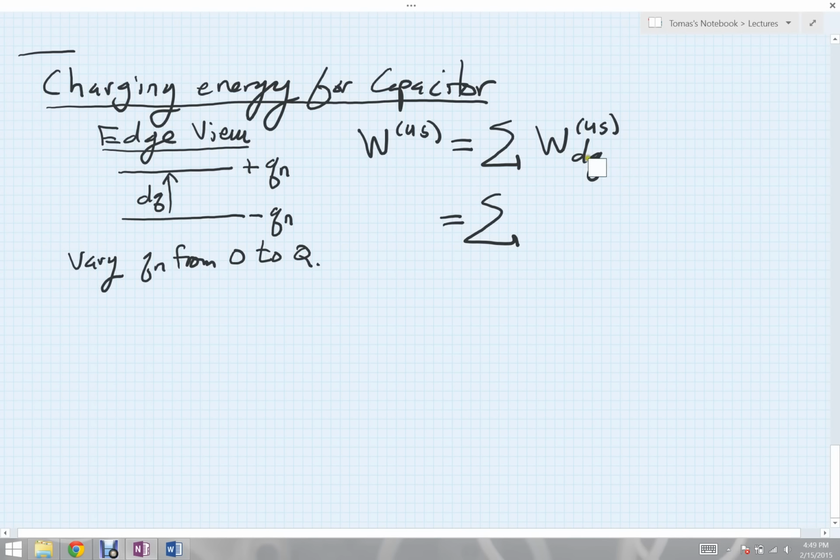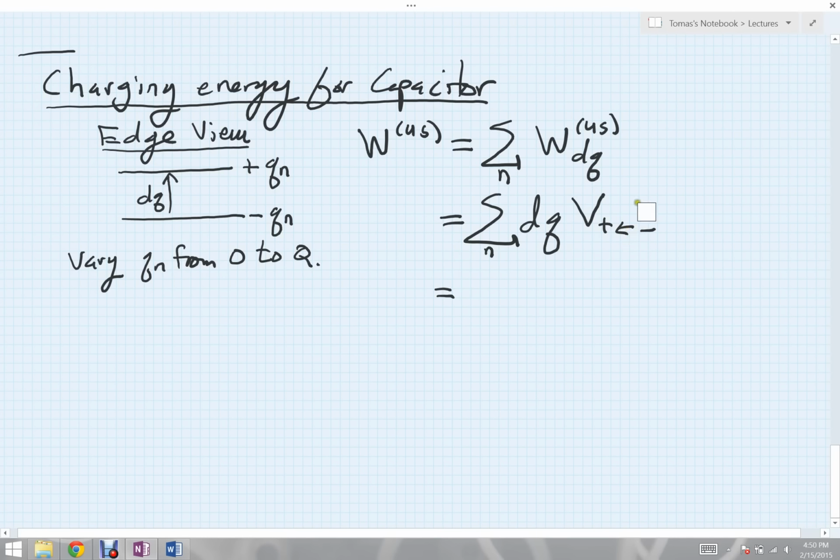The work to move these little charges dq is proportional to the amount of charge dq, and the proportionality constant is the voltage from the starting point on the minus plate to the ending point where I finally deposit the charges. Of course, I have to sum over n, each step in this process, until I've fully charged my capacitor. I want to add up all of those energies.